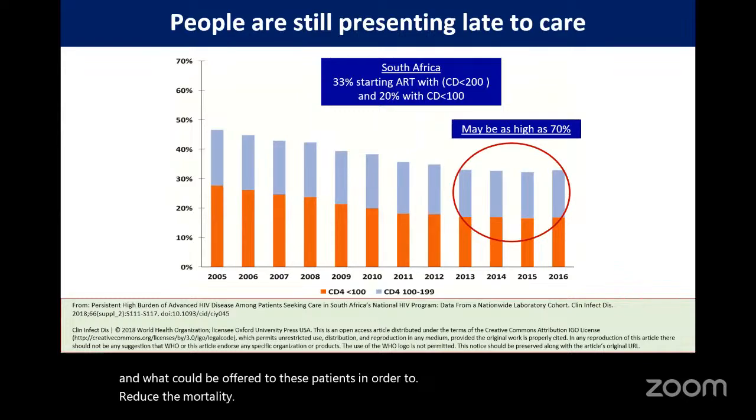And this graph again is talking about, annually, if you plot the CD4 counts, you see that they're plotting the bars for patients presenting with a CD4 count less than 200.